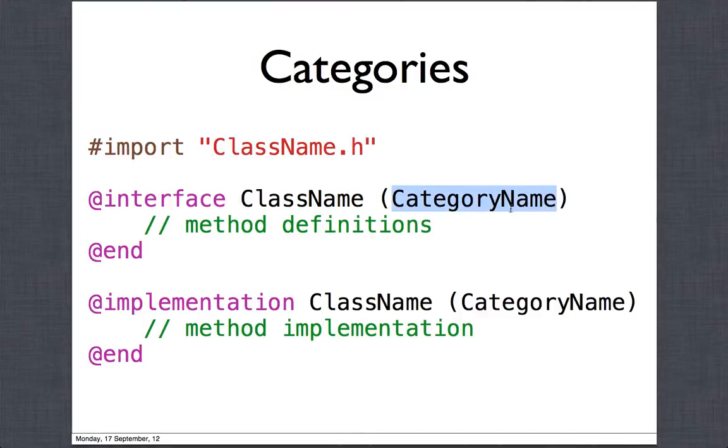So you define a name for a category and then define all the methods. So here's the space to define methods, but not variables. And then you implement this category by doing the same thing, but with the implementation keyword. And of course, here you do the actual implementation. You put the code for all of your methods.